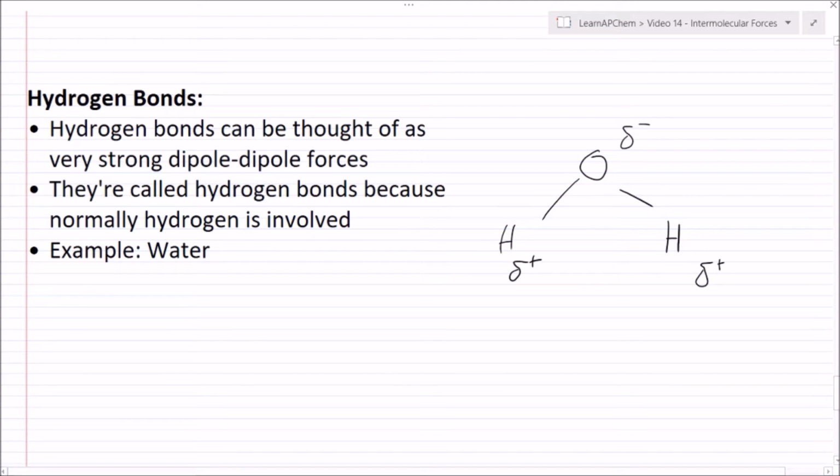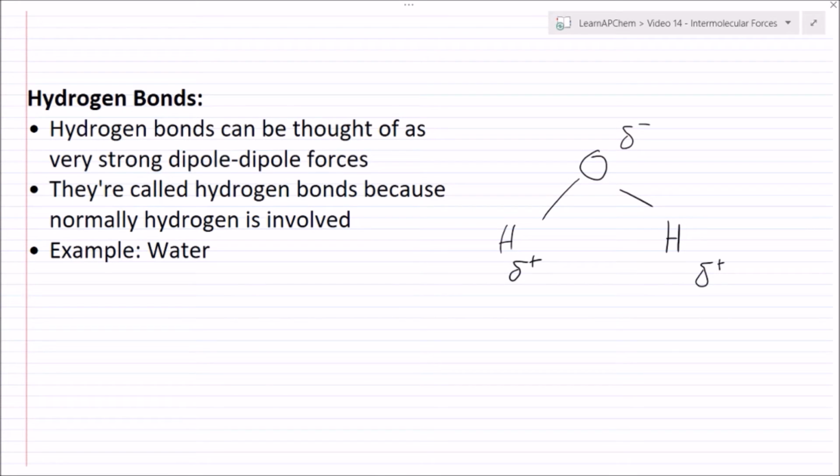Since hydrogen isn't very electronegative, atoms having hydrogen covalently bonded are going to be much more polar, because this oxygen is going to have an easier time sort of stealing the electrons from hydrogen because it's not very electronegative. And so this creates a very strong dipole-dipole force, and it's known as hydrogen bonds.